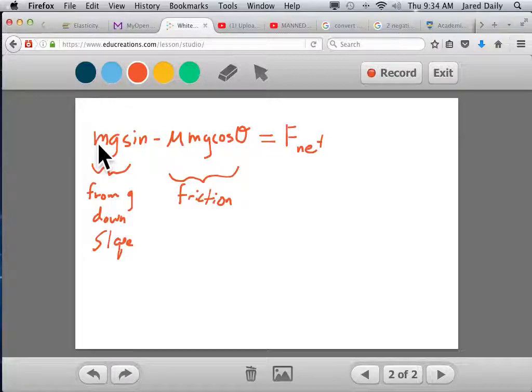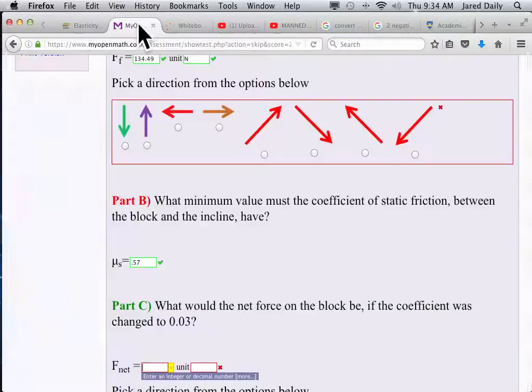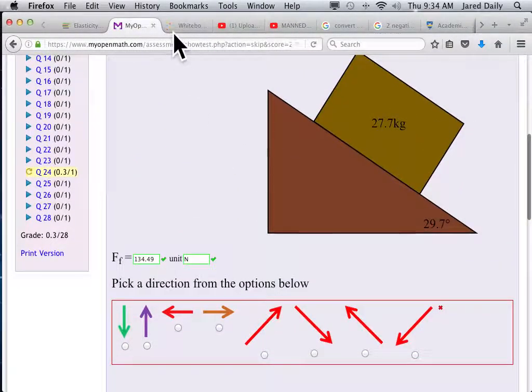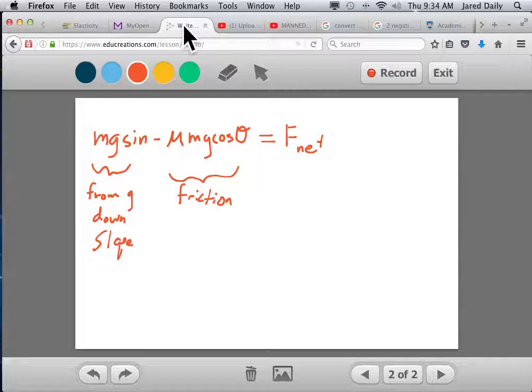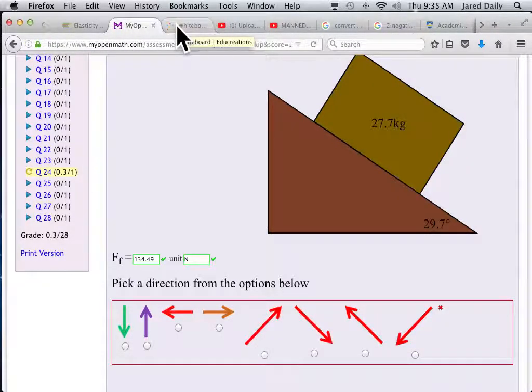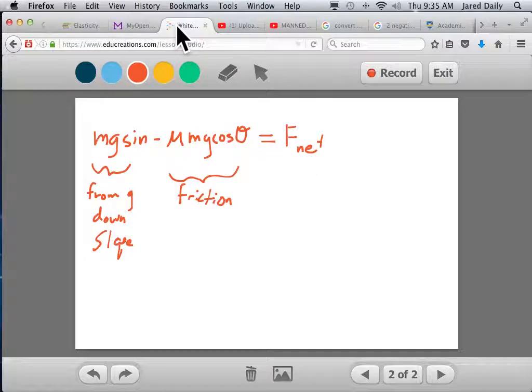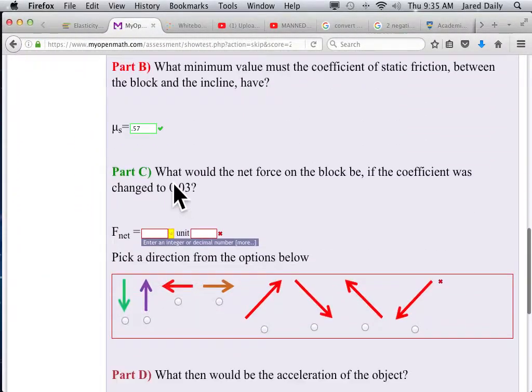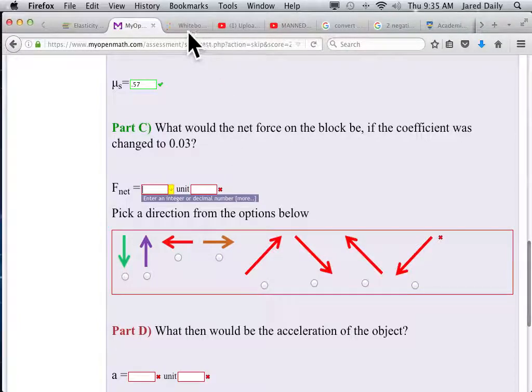So, what is our M? It was 27.7. So we do 27.7, and then we multiply times g, and then we multiply times the sine of theta. Sine of 29.7. And then we subtract mu, which they said changes to 0.03, really tiny friction.